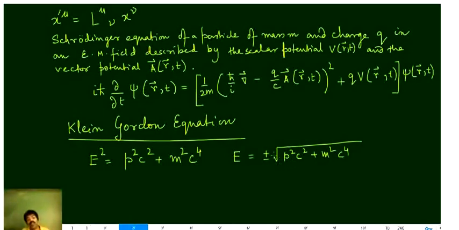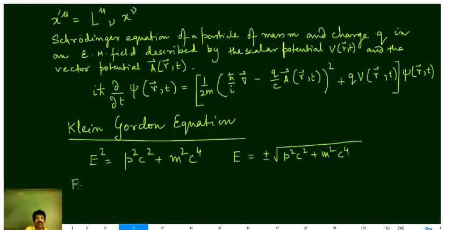So that was arrested by the particle antiparticle theory. The particles have the positive energies and the antiparticles have the negative energies, so this instability got arrested. Now let's start with the Klein Gordon equation.